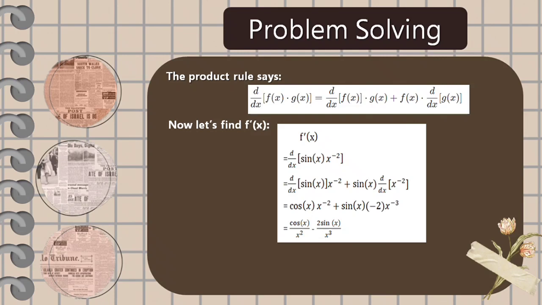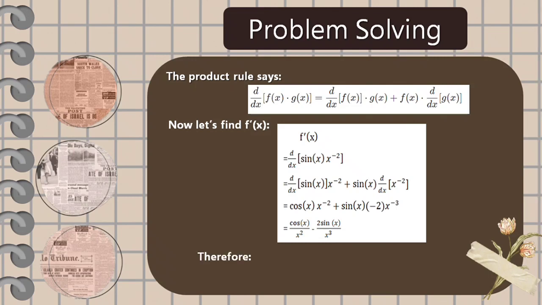And that is equal to the derivative of sine of x times x to the power of negative 2 plus sine of x times the derivative of x to the power of negative 2. Then we will differentiate x to the power of negative 2 and sine of x, which is equal to cosine of x times x to the power of negative 2 plus sine of x times negative 2 times x to the power of negative 3. And the answer would be cosine x over x to the power of 2 minus 2 sine of x over x to the power of 3.